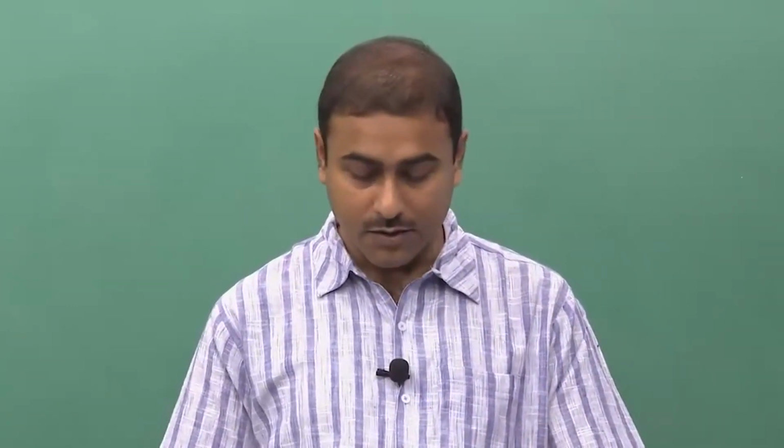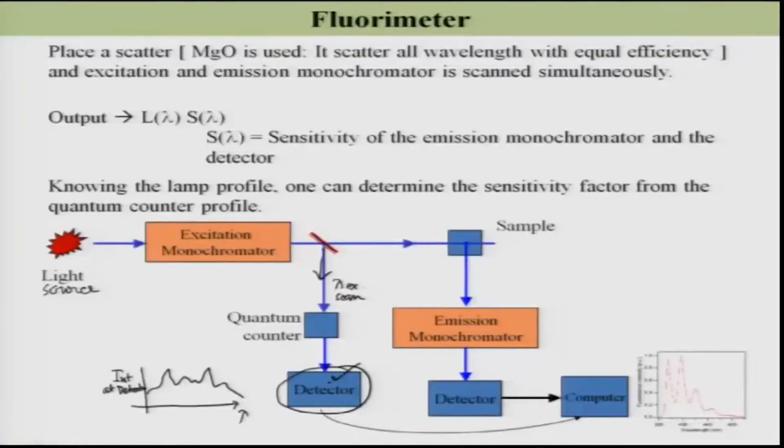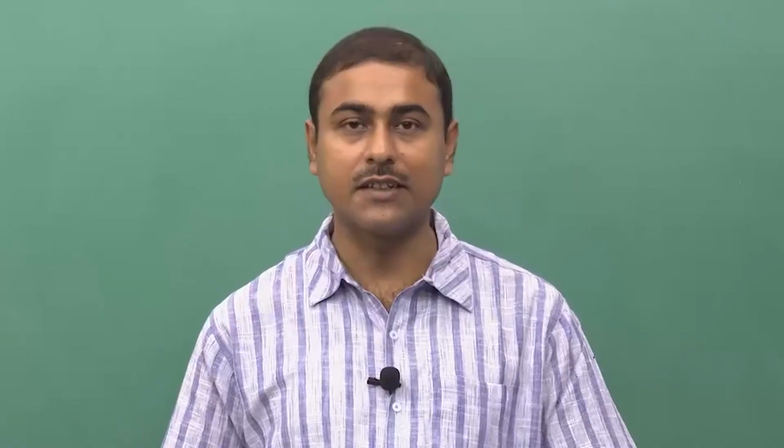Okay. So, as discussed, if you now scan this lambda excitation and detect the emission coming out of the sample, please note that I do not have any monochromator here, because I am just interested in the total intensity, and the total intensity is coming out to this detector. So, whether the detector efficiency is the same for different wavelengths or not does not matter in this case.